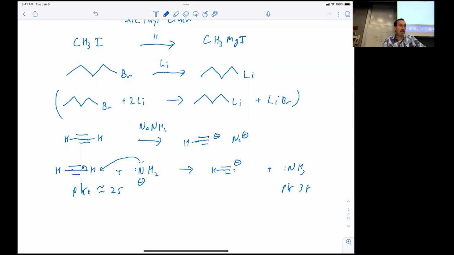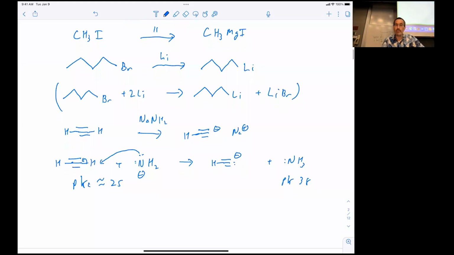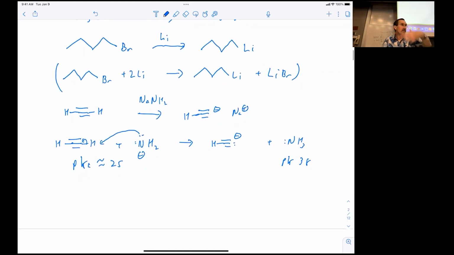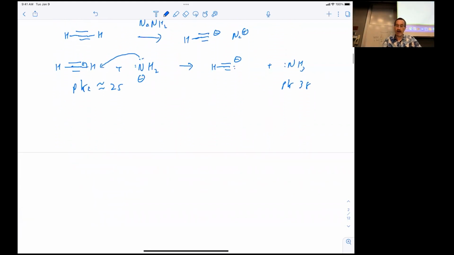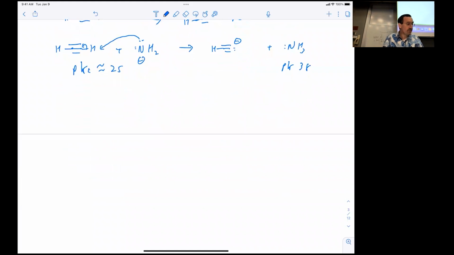Sodium hydride is another base that we could use to pull off that proton. The pKa of the conjugate acid, hydrogen, H2, is about 35. And so this would be sort of a basic introduction to our organometallic reagents. Now, as a corollary to this, organometallic reagents are strongly basic.